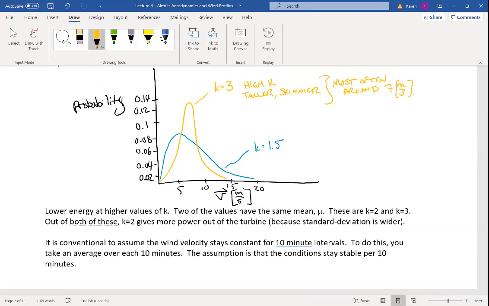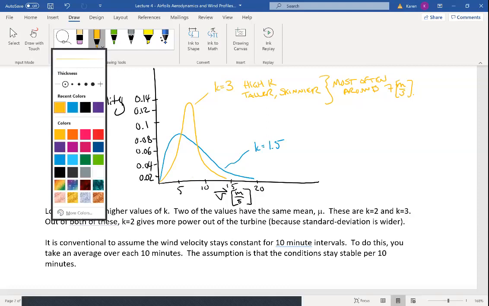So it doesn't happen very often that you're at 0, and it doesn't happen very often that it's very fast wind. So this is kind of where I would want to build a wind turbine. So you have to compare. Is it worth it for this blue location to get some really fast speed sometimes, or is it more worth it to be in this situation where I know that I'm going to get a pretty consistent wind speed?